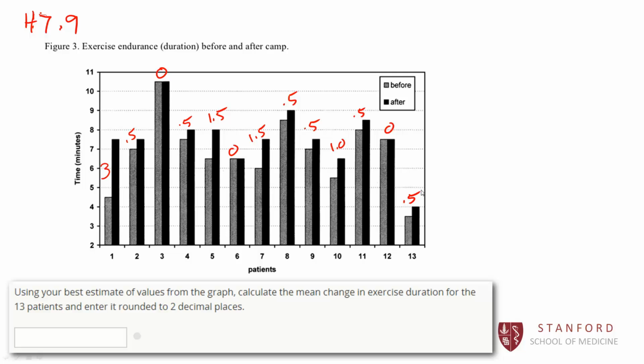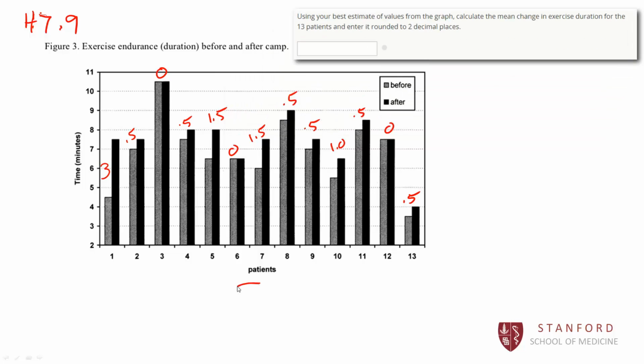You literally just have to pick those up off of the graph. Well, if you add up all of those numbers from 1 to 13, and then divide by 13 to calculate the average here, you end up with 0.77.